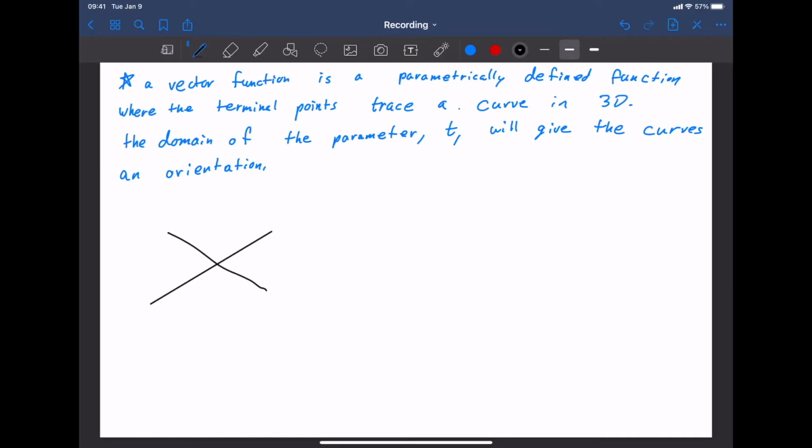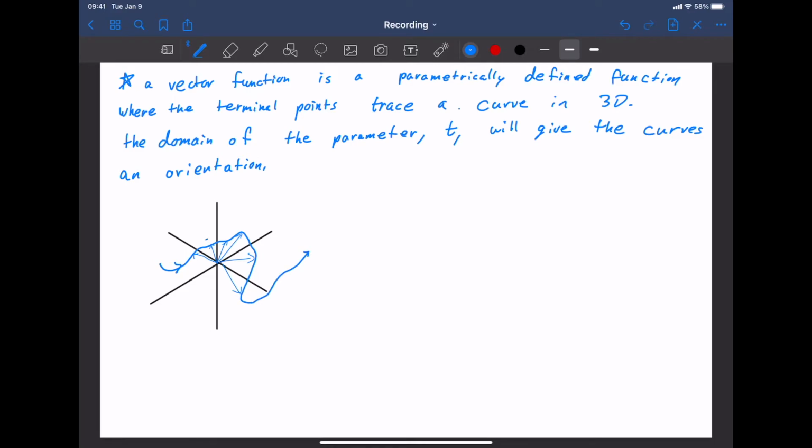So if we draw our axis system and we start tracing out some of these vectors, and they're all going to be position vectors starting from the origin, and we just want to look at the terminal sides, what we might get is a curve that defines the position of a particle flowing in space.